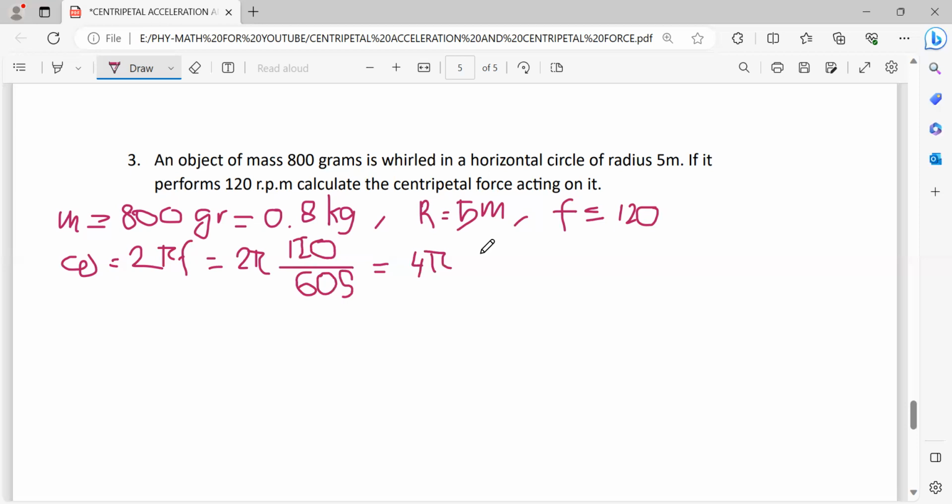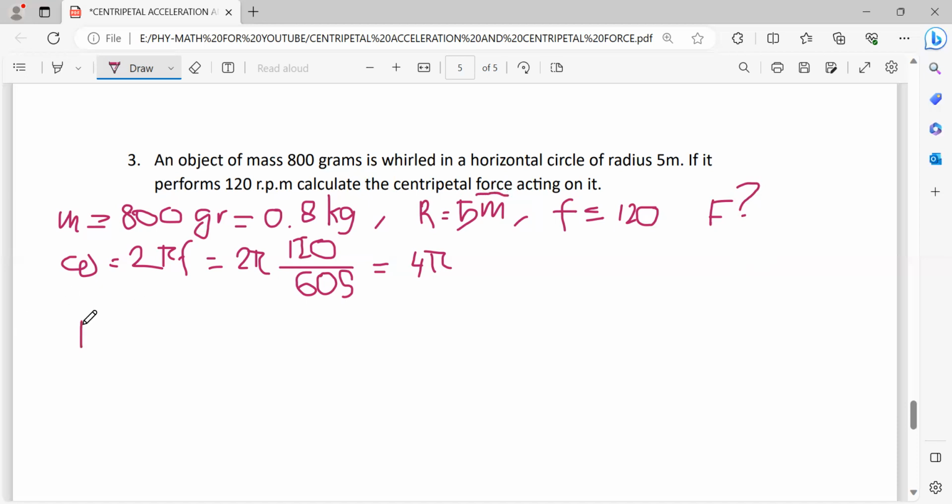Next, we can calculate the force, because the question is about force: calculate the centripetal force acting on it.